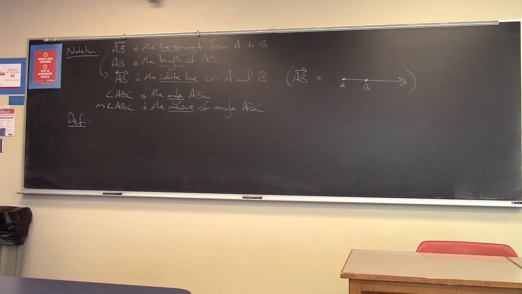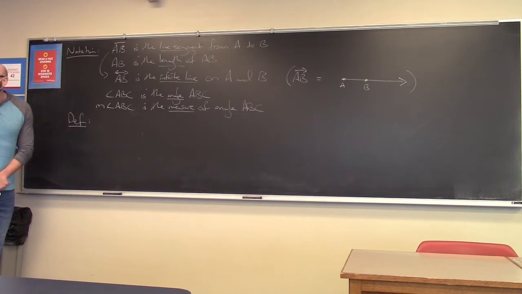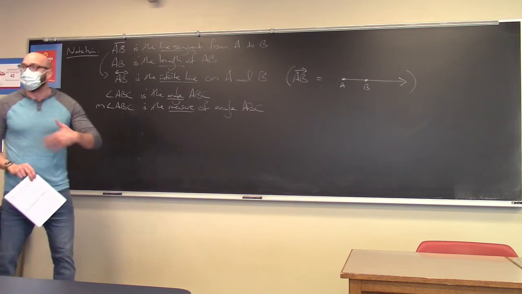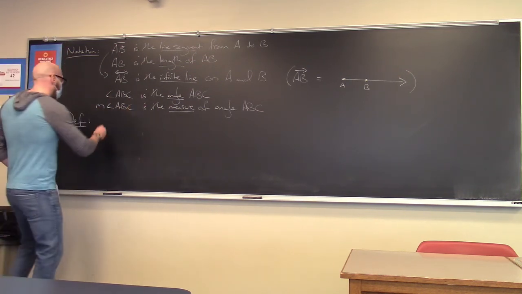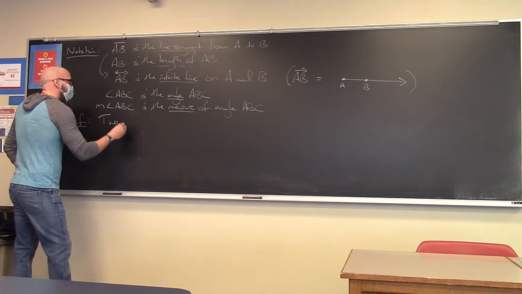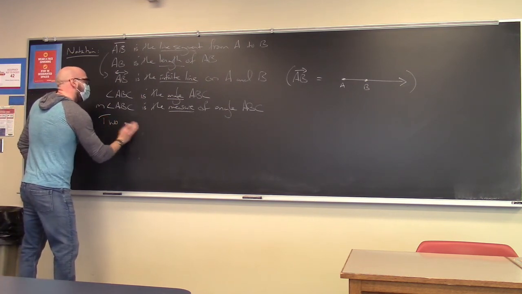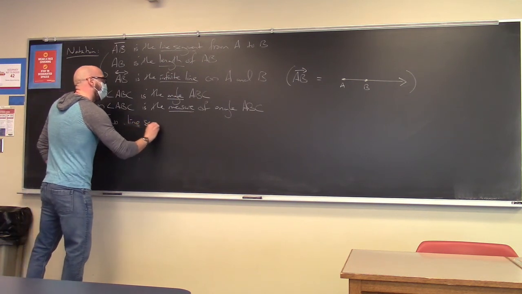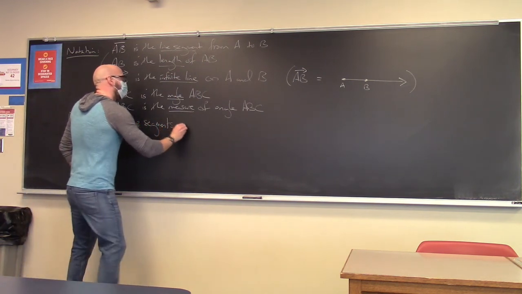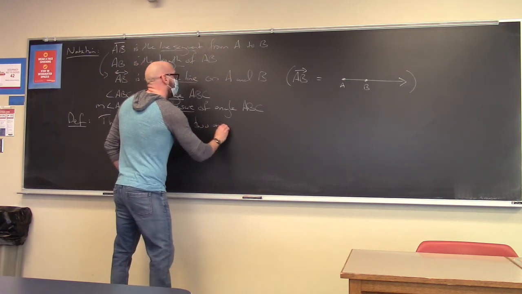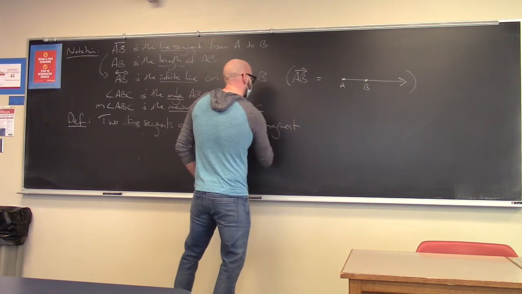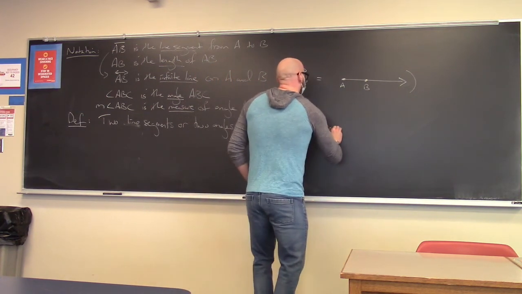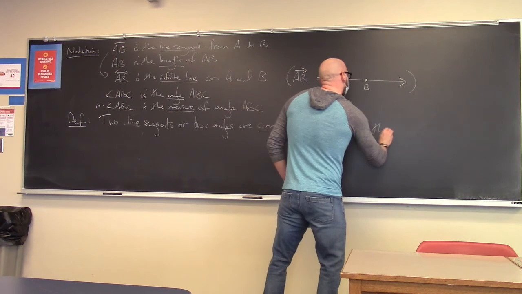All of these next definitions, everything will be familiar to you if you took Geometry 1, but congruence of line segments, two line segments are congruent if they're the same length, if they have the same measure. Two angles are congruent if they have the same measure. So we'll be precise here. Two line segments or two angles are congruent if they have the same measure.